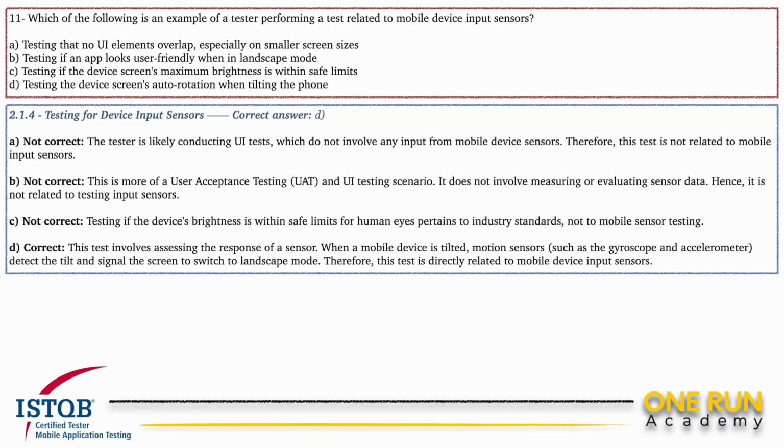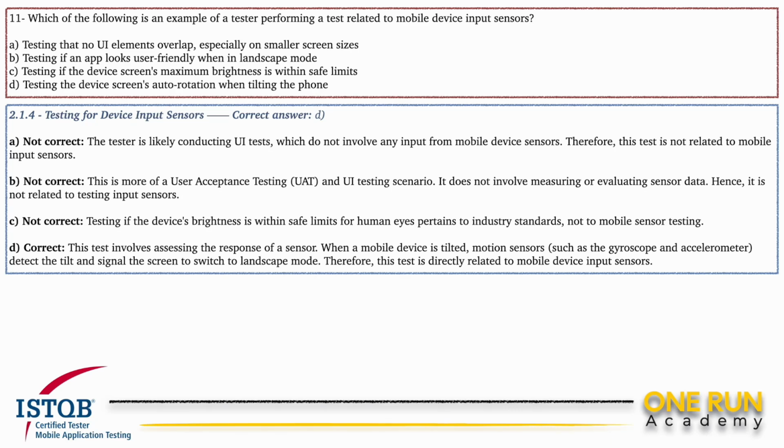These sensors detect the tilt and send signals to the system to switch the screen orientation from portrait to landscape or vice versa. Therefore, this test is directly related to mobile device input sensors. So, the correct answer to this question is option D, testing the device screen's auto-rotation when tilting the phone.